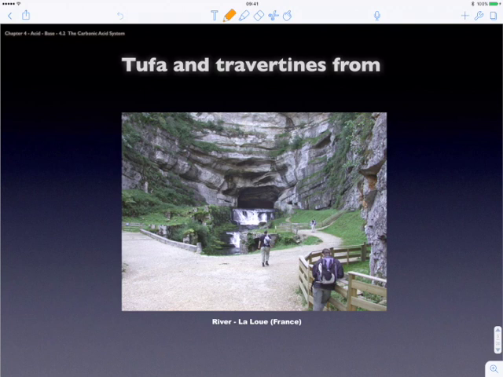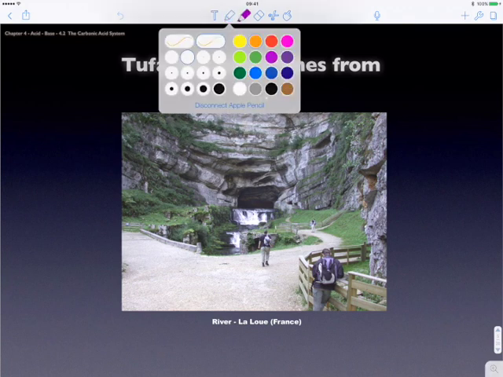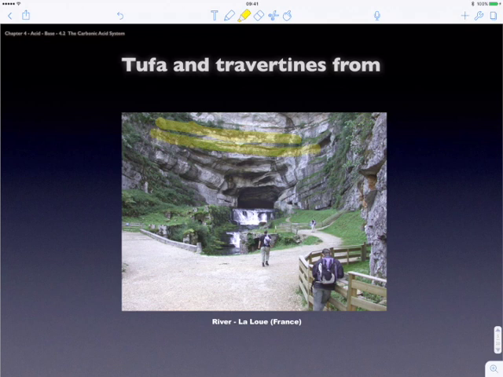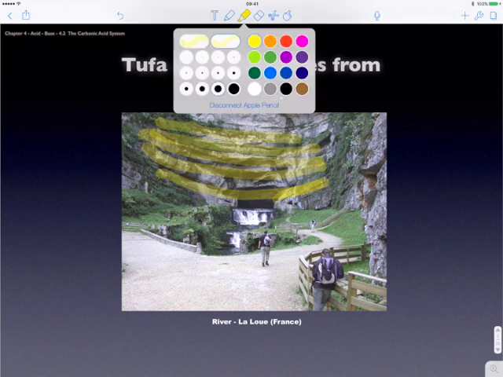It's degassing of CO2. So you see here, this is calcium carbonate. You see those beds of calcium carbonate, and here you have the water coming out of this mountain.